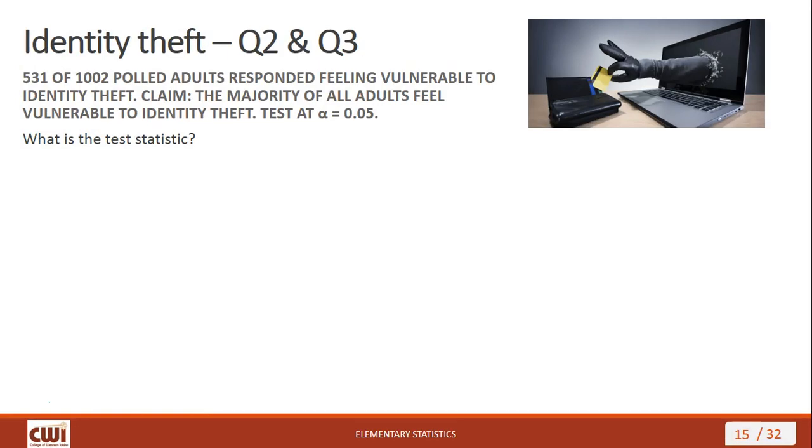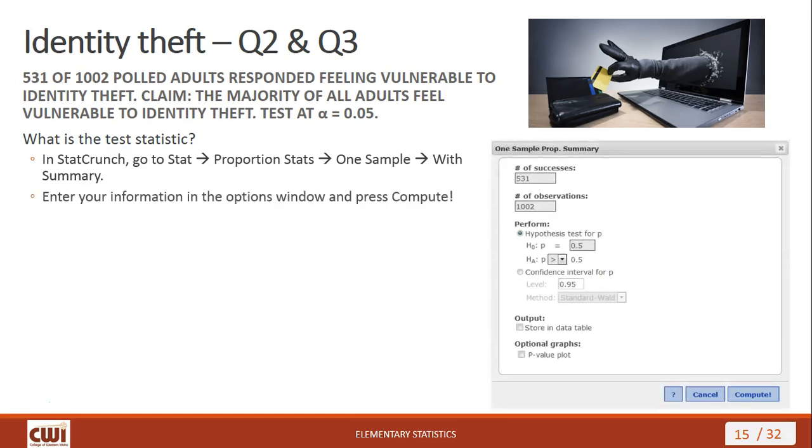The second question was, what is the test statistic? To calculate the test statistic, we're going to go to StatCrunch, go to Stat, Proportion Stats, One Sample with Summary, and enter our information into the options window. So we have 531 people who responded yes out of a total of 1,002.